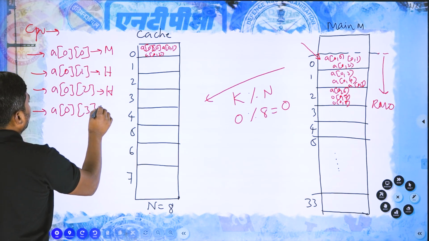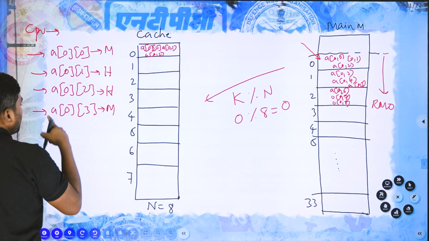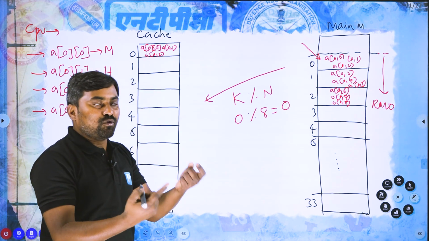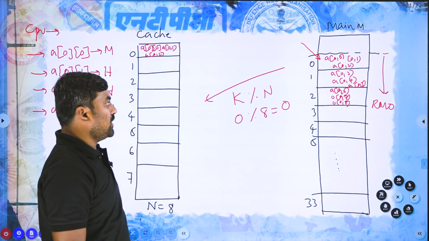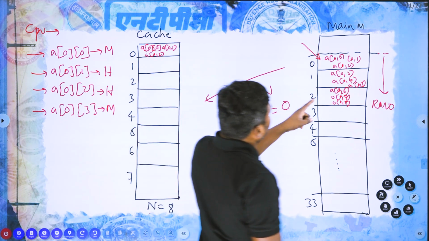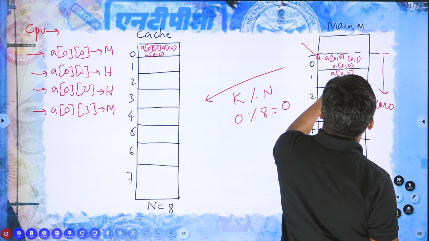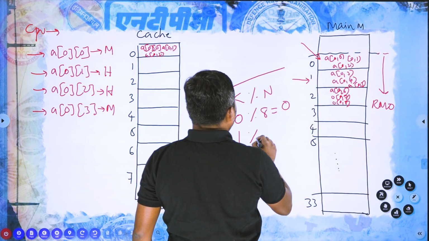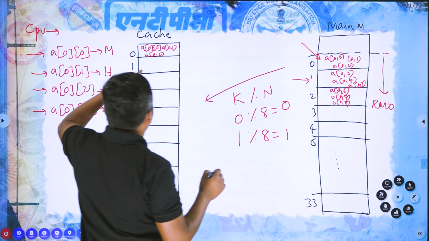Is A of 0, 3 there? No, this is a miss. When a miss occurs for this word, the concerned block from main memory needs to be placed into, or mapped to, the cache memory. A of 0, 3 is present in block number 1. Getting my point? Block number 1 only. So 1 modulo 8. What is the value? 1. So we have to place it here.